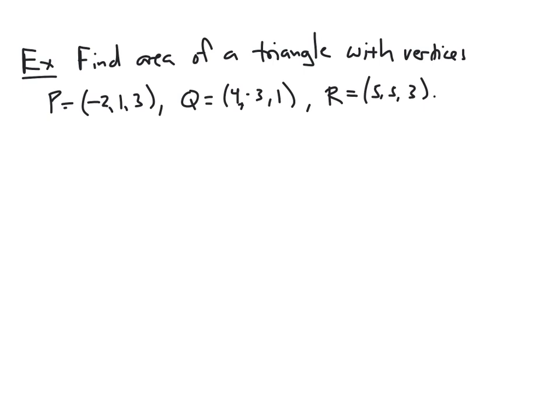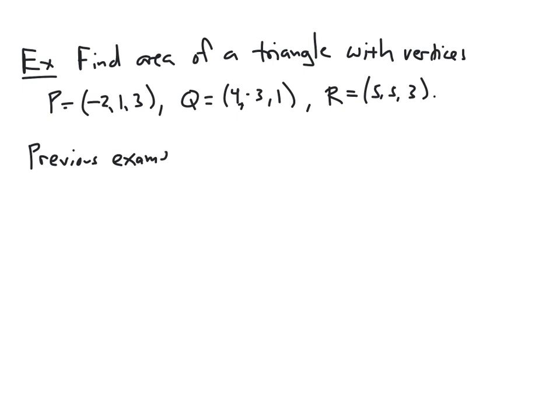Looking at these three points, depending on your memory, you might recognize them because we've already considered them in a previous example. In the example before, we took these three points, considered the plane that passed through them, and wanted to find a vector that was perpendicular to all three. So we already did that. I'm just going to cite the previous example.